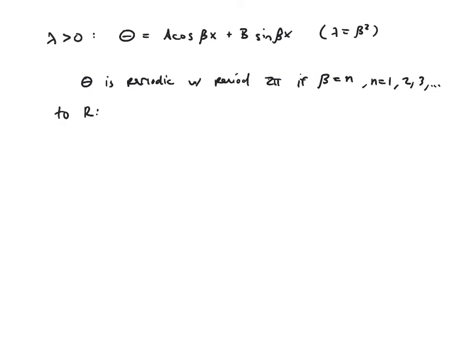Now the R equation involves a lambda, that's the beta squared. So in our case I have R squared R double prime plus R prime, and then I have a minus beta squared R equals 0.